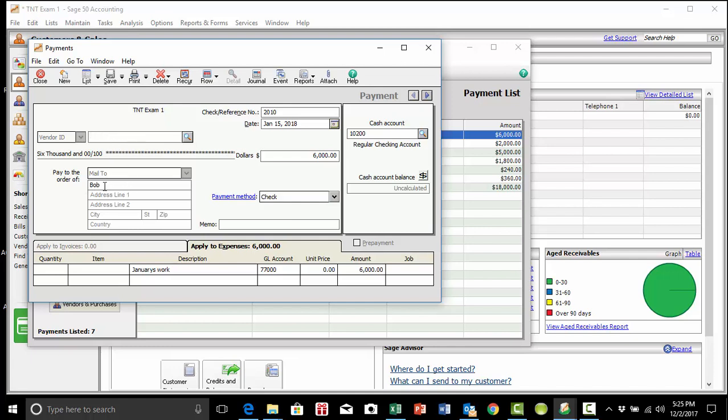So it's just a payment to Bob for $6,000, and we need a GL account. Can't do it unless there's a GL account, and this GL account is wages, salary, but it's a GL account. Okay, we need a GL account. All right, close that. And of course, we did the same thing for Mary, and then we did the same thing for Jane. So we wrote those checks out.